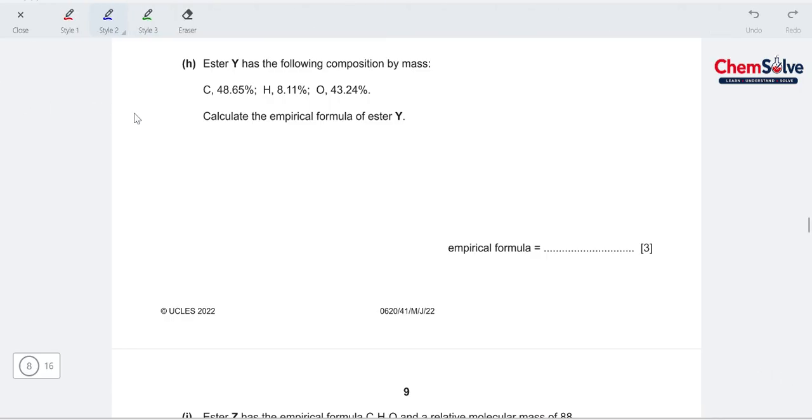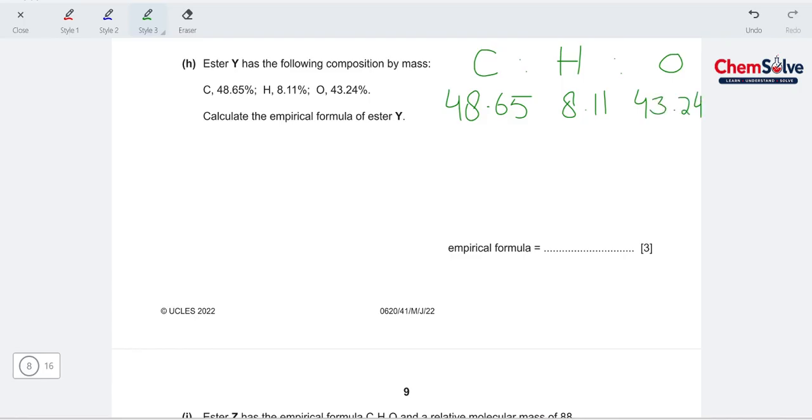First of all, I will take these percentage by mass values for each of these atoms. So I have carbon here, I have hydrogen here, and I have oxygen here. The percentage by mass of carbon is 48.65, the percentage by mass of hydrogen is 8.11, and the percentage by mass for oxygen is 43.24.